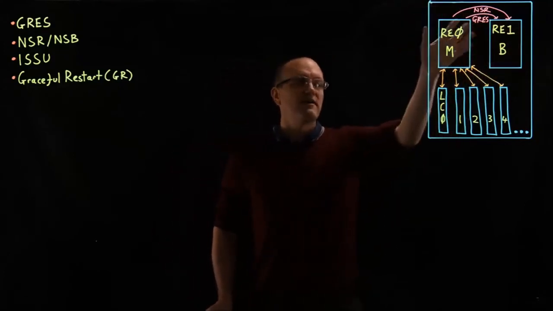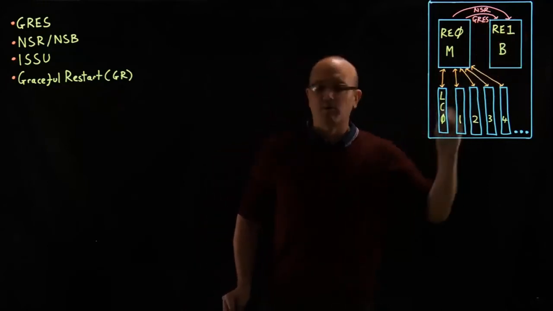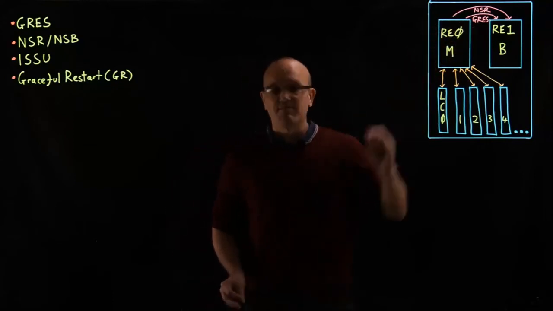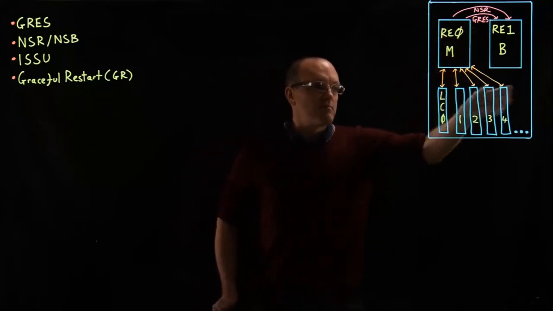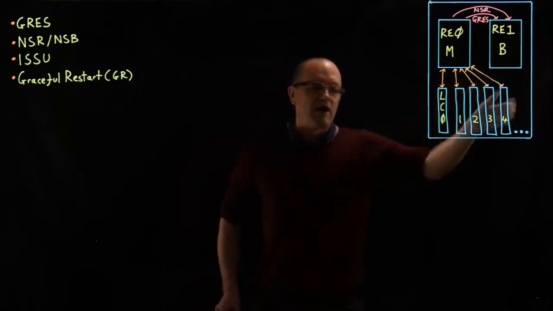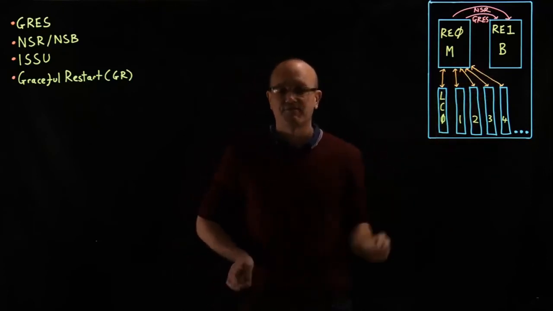We have a master routing engine, RE0, and we have a backup routing engine, RE1. And what happens in this scenario is that the master routing engine is propagating all of the routing and switching state into our line cards that are actually doing the packet forwarding on the device.